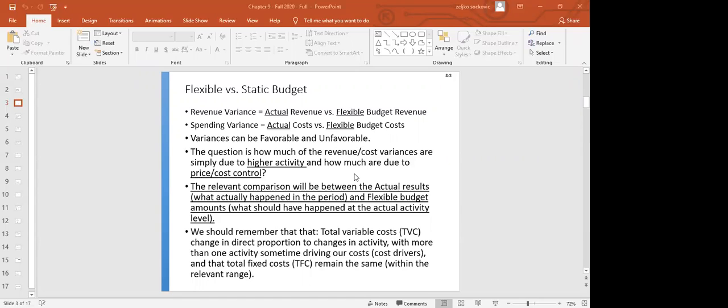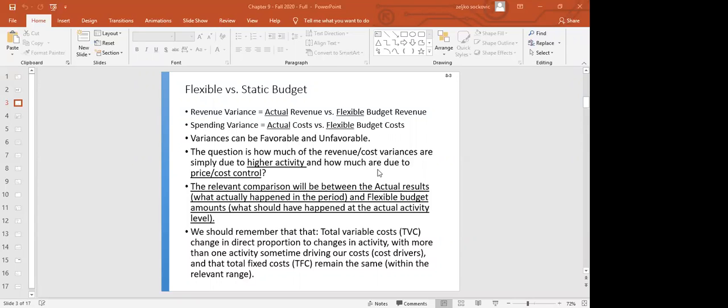It's what is good for you and what is bad for you, for your net operating income. So if the variance is good for you, let's say your costs, is it good that your costs are lower or higher? Well, it's good that they are lower. So if they are lower than you anticipated or expected, that would be a favorable variance.